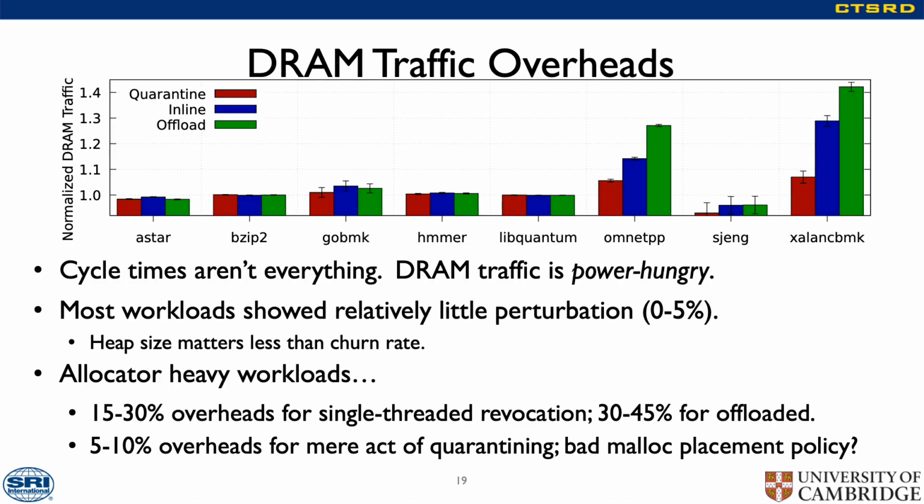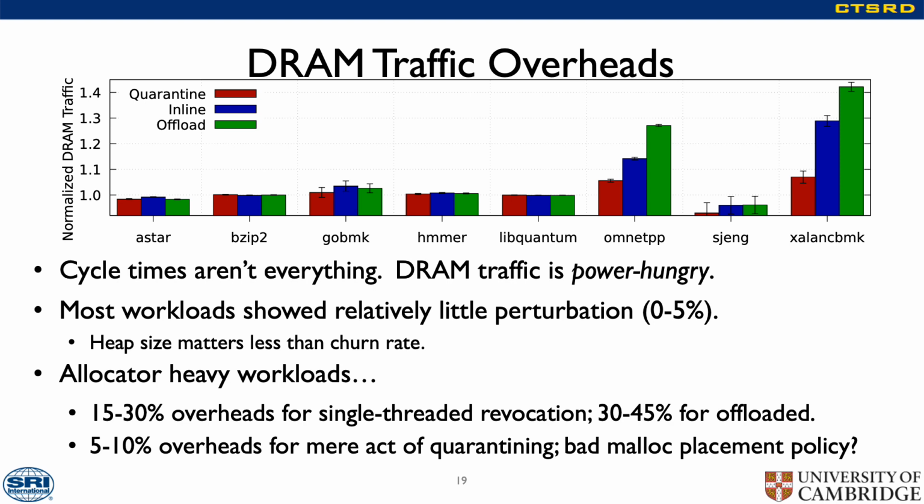Beyond cycle times and memory occupancy, a very important, if underreported, metric is memory traffic overhead. Most of the benchmarks tested showed very modest traffic overheads of 0 to 5%, but workloads that thrashed the allocators showed 15 to 30% overhead when using the inline Cornucopia revoker.